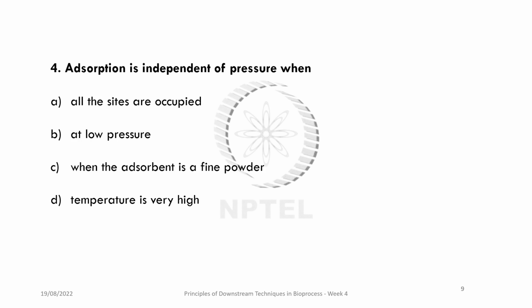Adsorption is independent of pressure when: A, all the sites are occupied; B, at low pressure; C, when the adsorbent is a fine powder; and D, temperature is very high.